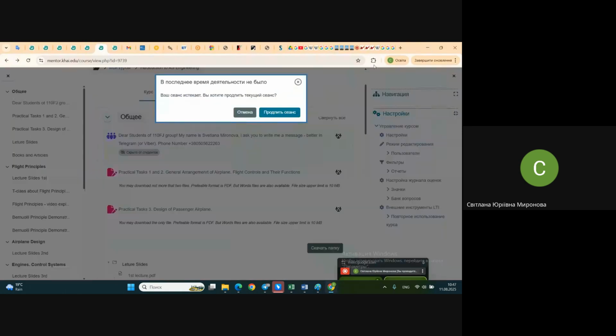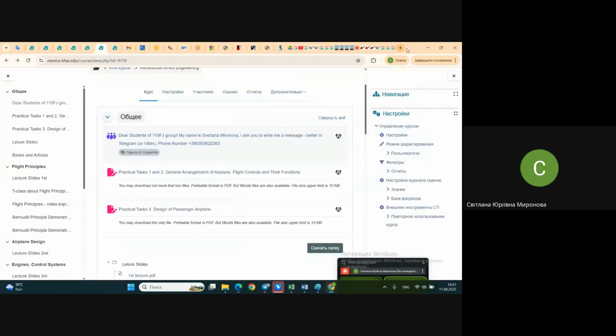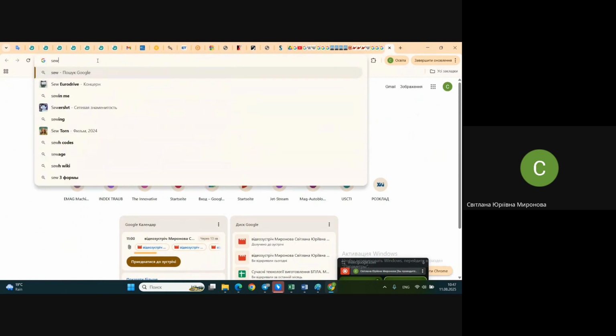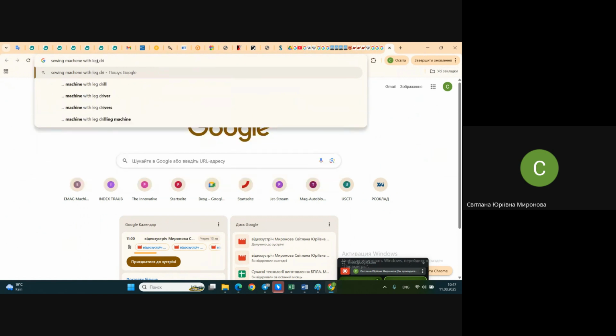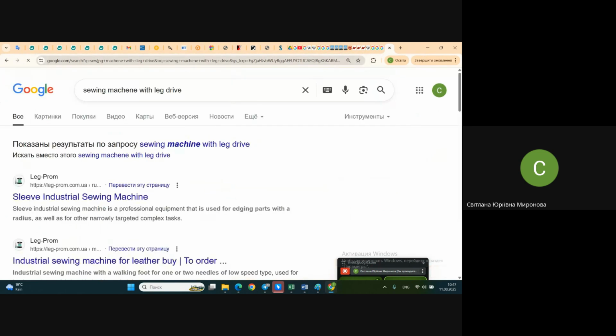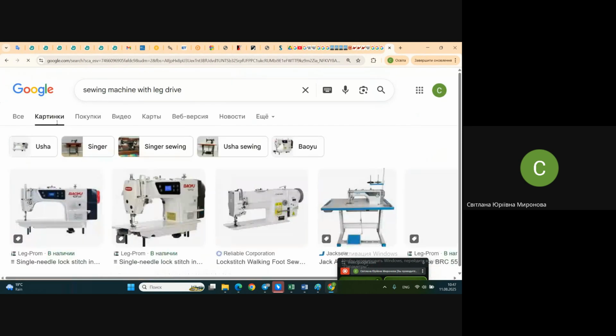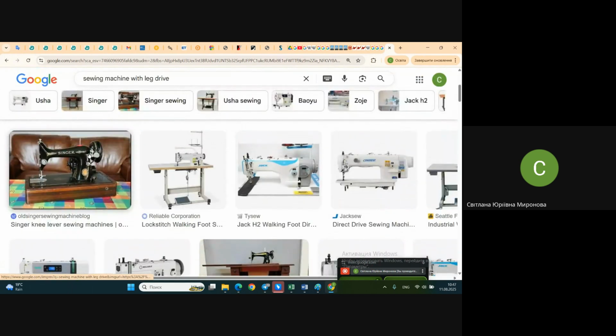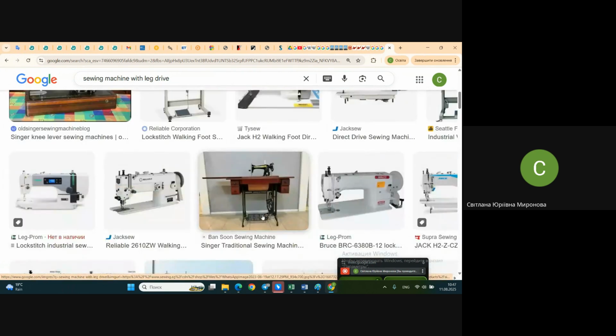Let me try, but I'm afraid it will be... wait a second, a sewing machine with a leg drive or foot drive. I don't know how to write it correctly in English. Never thought about it. No, it's an electrical one. No, that old-fashioned one, oh, here it is.